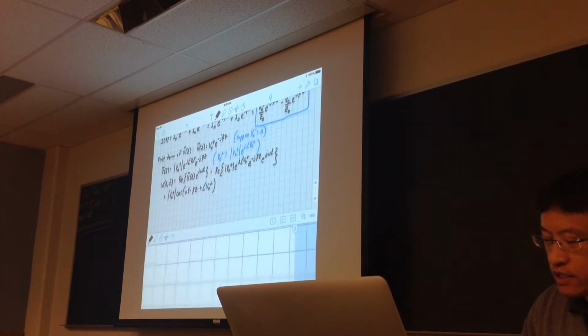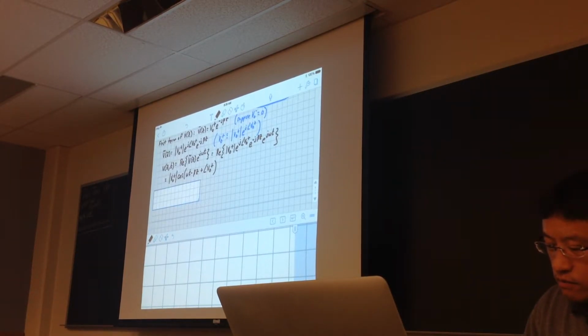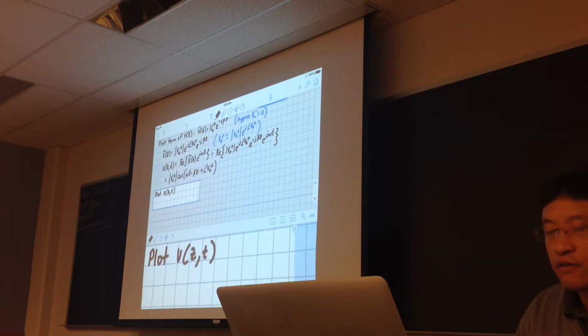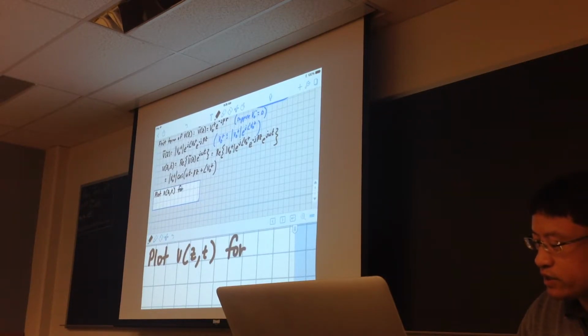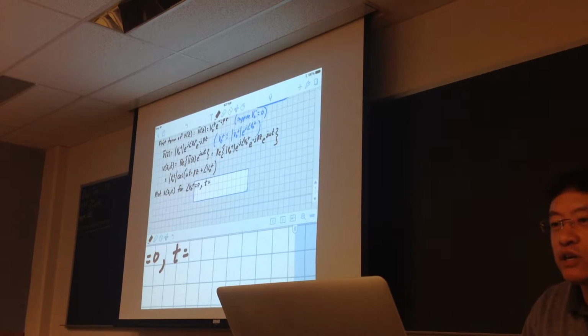Okay, now that's something that we can plot. So let's plot v of z and t. Let's assume that this constant phase angle of V0 plus is equal to 0, and let's assume that we're taking it at a time snapshot of 0.